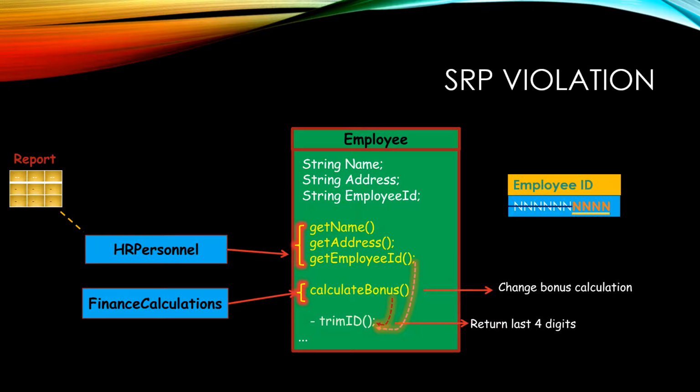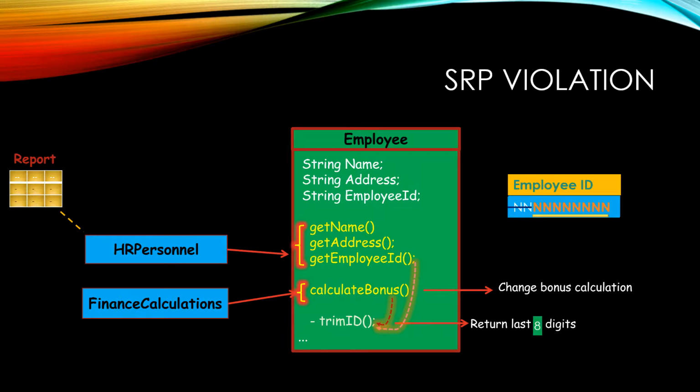The new requirement says that the bonus calculation algorithm has to now use the last 8 digits of the employee ID instead of the current 4 digits.